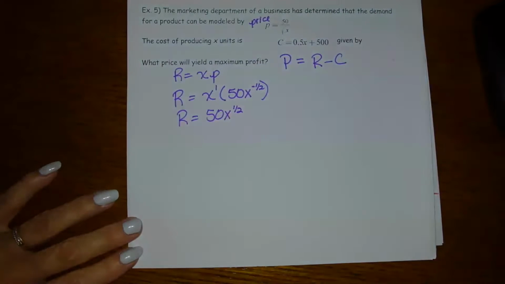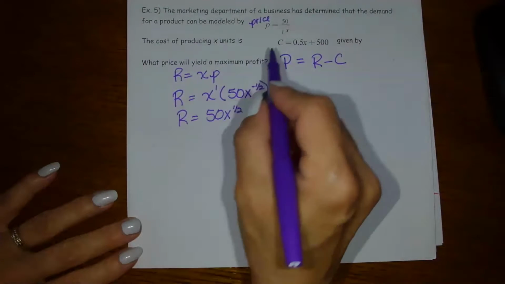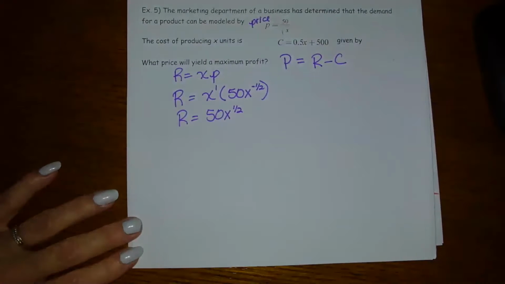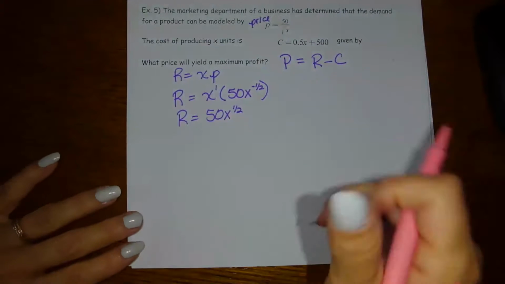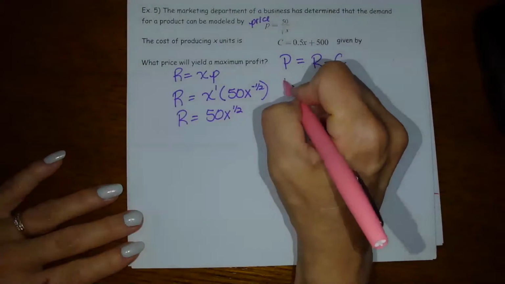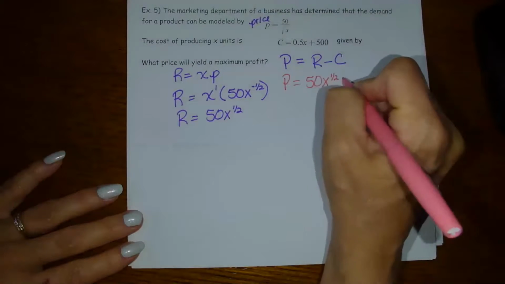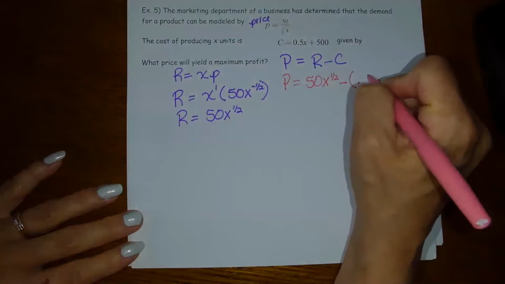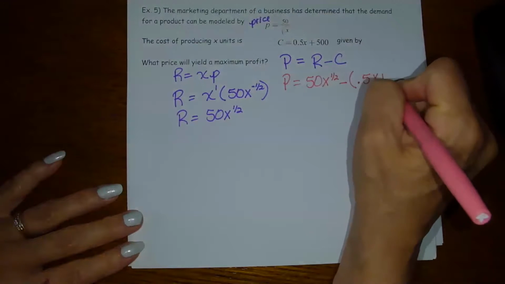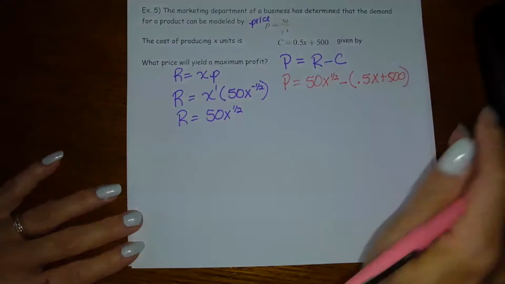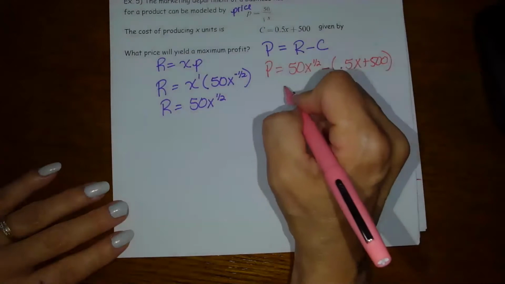So I now have revenue. Since I have revenue and I have cost, can I find profit? Yes, not too hard, right? So profit equals revenue minus cost. We always want to use parentheses. If we don't use parentheses, we're going to forget to distribute that minus.